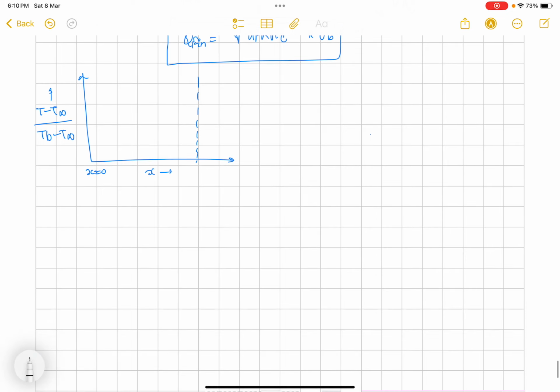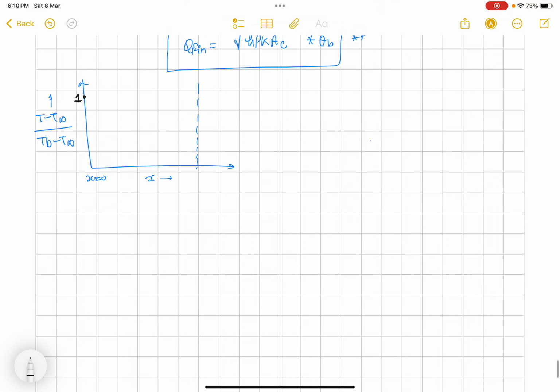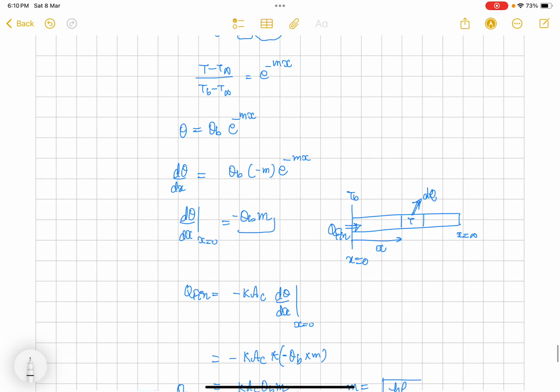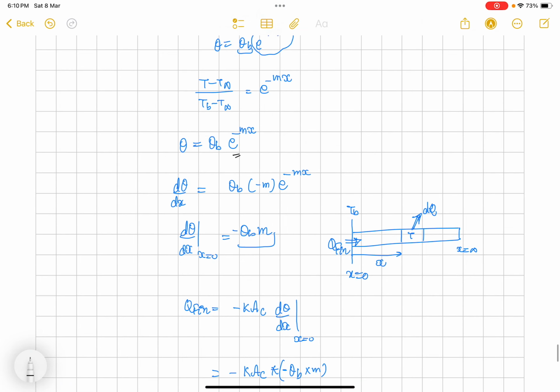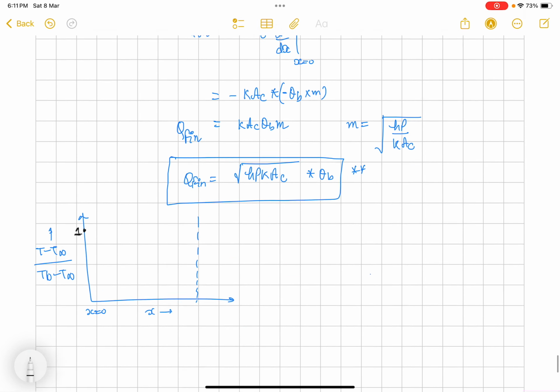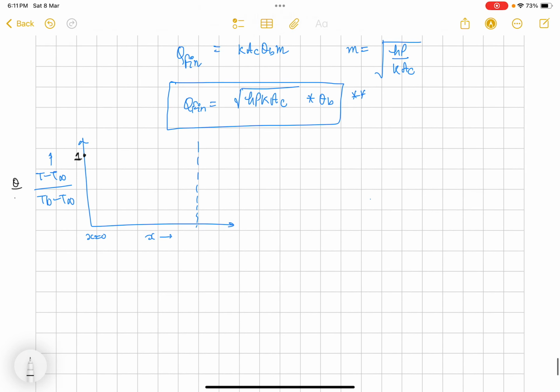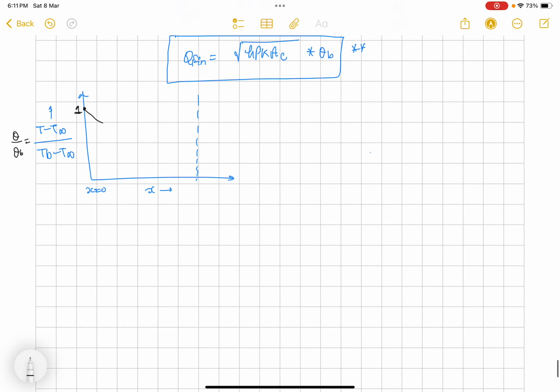If I'm plotting for different fin lengths, at x equal to 0, this variable value will be 1, right? So that is theta by theta_b only, which we are plotting. So for different values of m, we can plot like this.